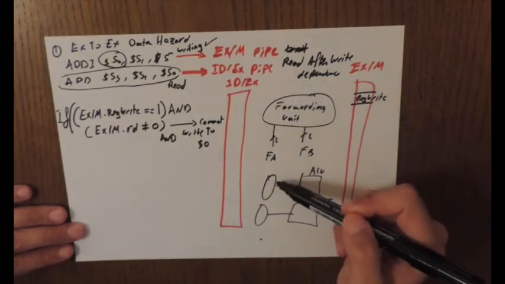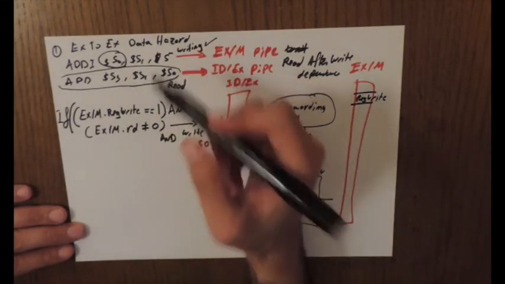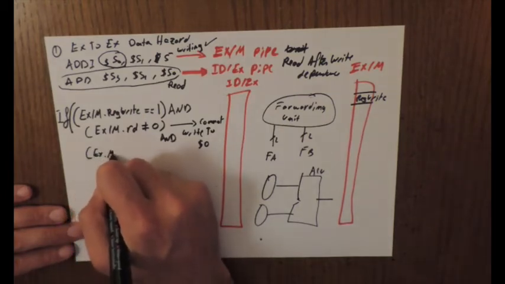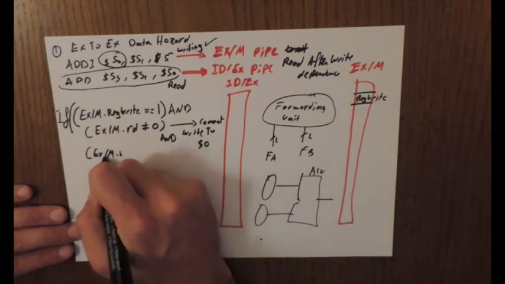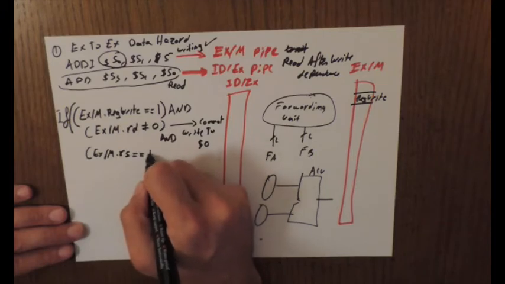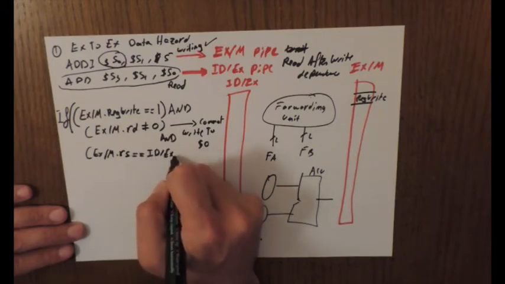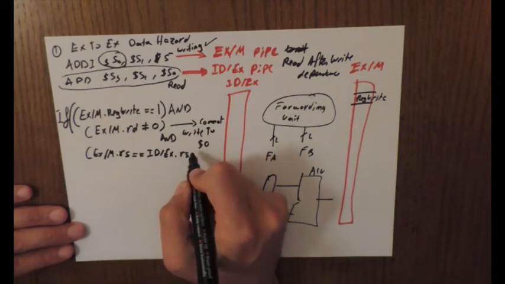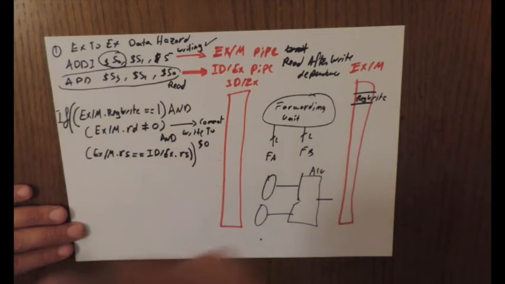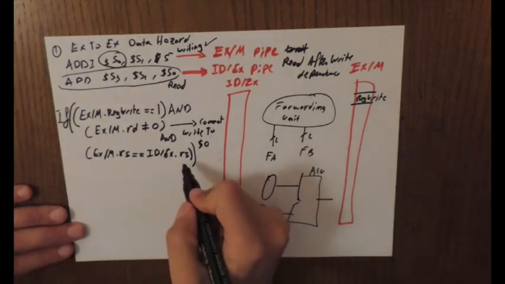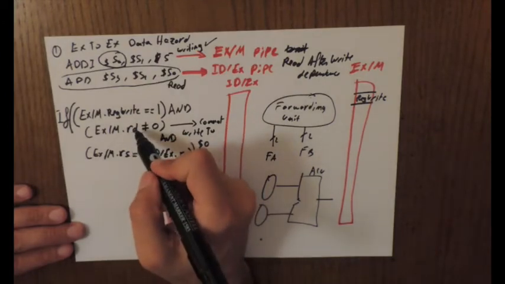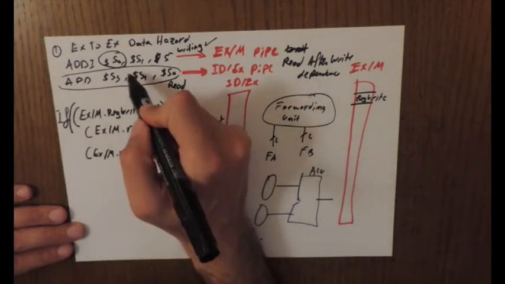I'm going to say that if I have forwarding on FA, this means there's a dependency on RS. So I'm going to say EX over memory dot RD is equal to ID over EX dot RS. This means I'm saying this is equal to this.